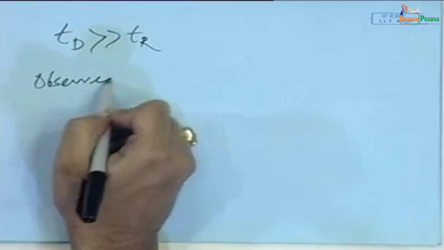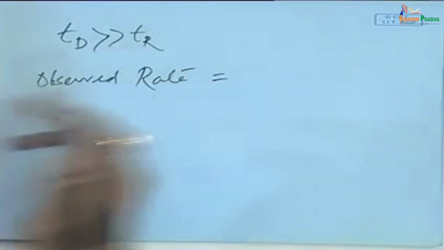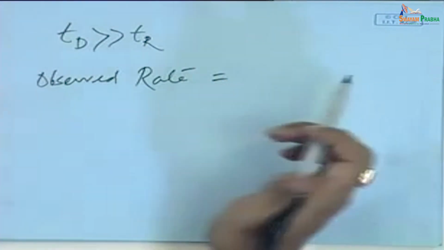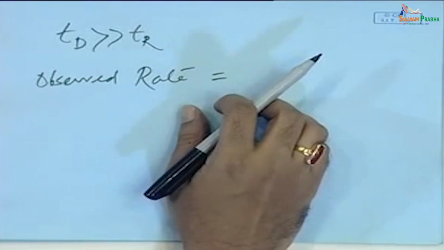In the extreme limit of this case, what would be my observed rate of reaction? So, in the first case, reaction limited regime, we had that the observed rate equals the intrinsic rate of reaction.